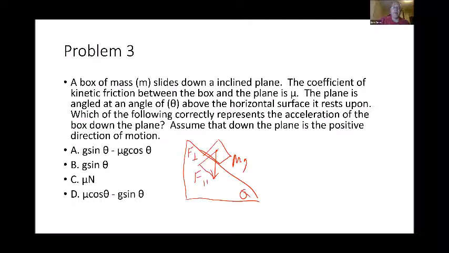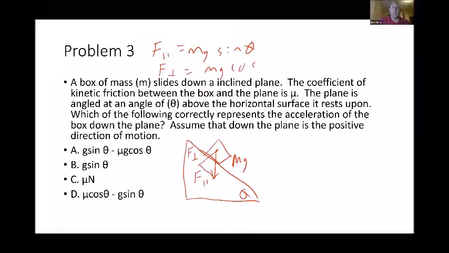We saw in the last problem that the parallel component was equal to mg sine theta. And we saw that the perpendicular component was equal to mg cosine theta. Now remember that we said that this perpendicular component is equal but opposite to the normal force. So this is also the force of normal, or the normal force.